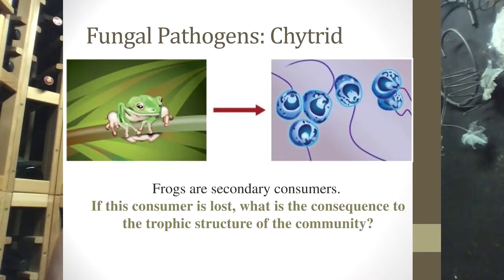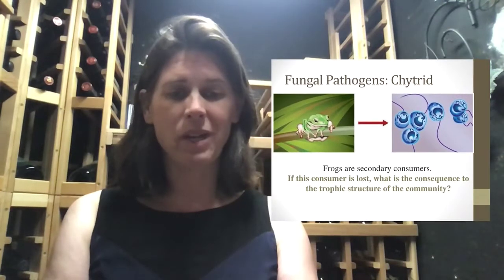If you want to know more about that, I can provide more information on the Canvas site. Sad but interesting as well, especially I know some of you said you wanted to go into herpetology. This is a pretty interesting situation going on with frogs now. Hopefully we'll get the better of the chytrid fungus as time goes on.